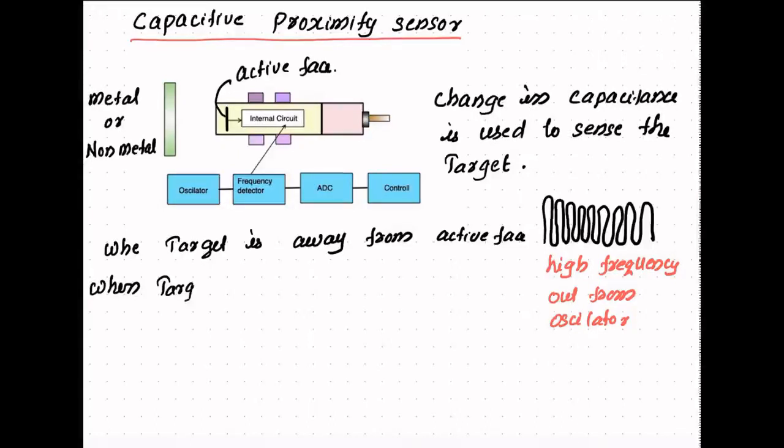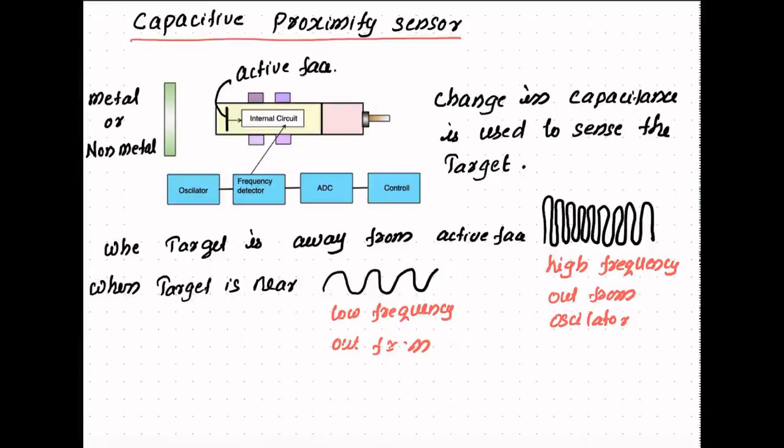The oscillator in the circuit generates high frequency and low frequency output based on the position of the target. So when the target is closer to the active plate, the oscillator circuit generates a low frequency signal.